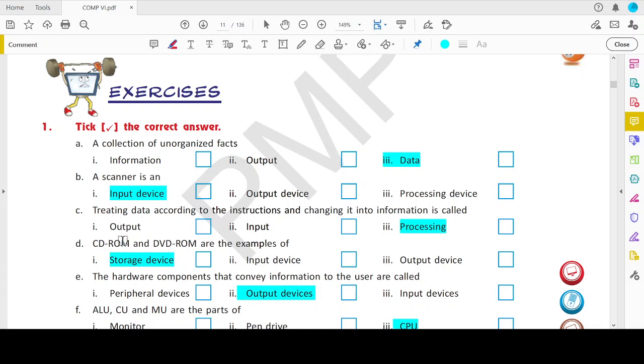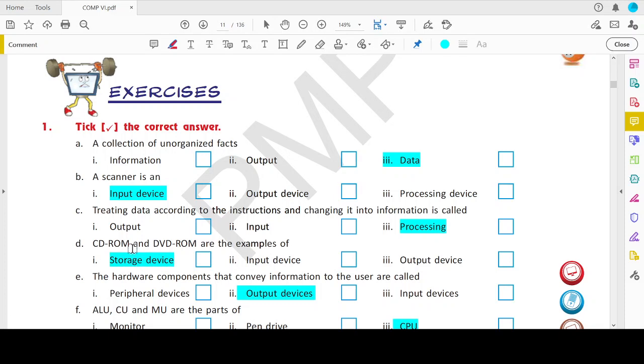So CD-ROM itself is an optical disc. DVD-ROM is an optical disc, read-only memory, right? They are read-only memories. The circular disc that you can see is the memory. So it's a device, it's a storage device.